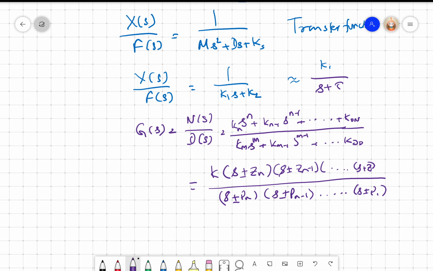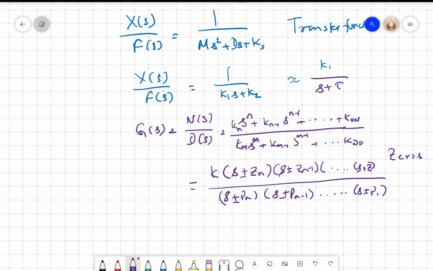I wrote it in this particular form because if it is s plus zn, then s is equal to minus zn. This will go to 0, the numerator will go to 0. Then we call this a zero. So each zn, zn minus 1, zn minus 2, etc., are all zeros, because at those values of s, the transfer function reduces to 0.